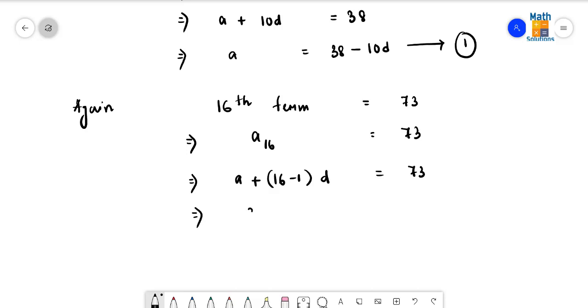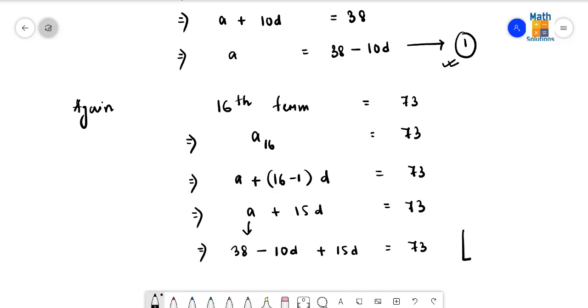So it will give us a plus 15d is equal to 73. Now I can use the result from equation 1. In place of a I am going to write 38 minus 10d plus 15d is equal to 73.